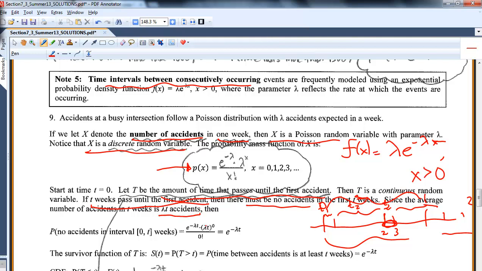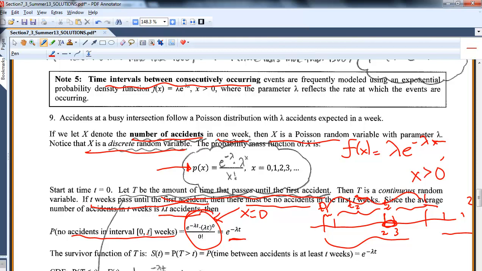So if there's 3 accidents per week, then there should be 3t accidents per t weeks. So the probability there are no accidents in the first 0 to t weeks would mean, in the Poisson, we're going to let x be 0, meaning no accidents occurred, where they should occur at a rate of lambda t. So this is what we get.